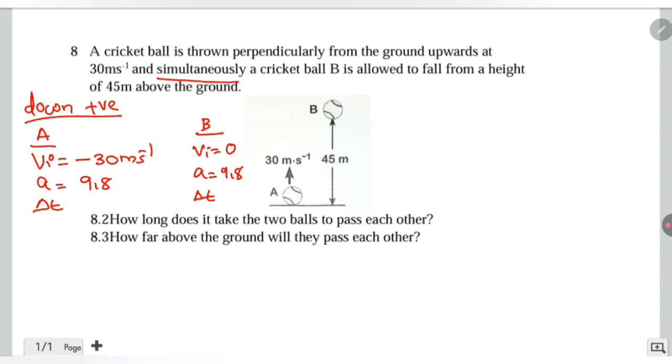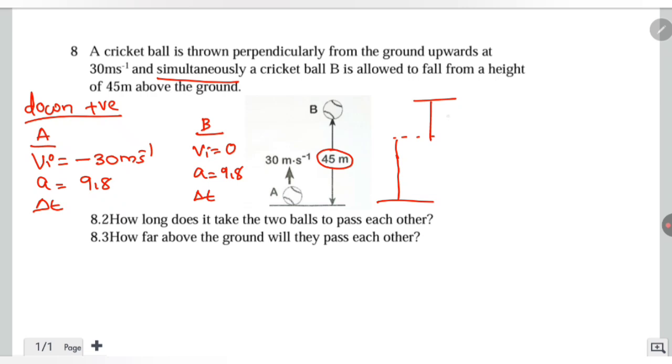You can see, other than these things, what is given is the total displacement. So let's see, from the ground maybe A reaches here, and from the top B reaches here. This is where they pass each other.